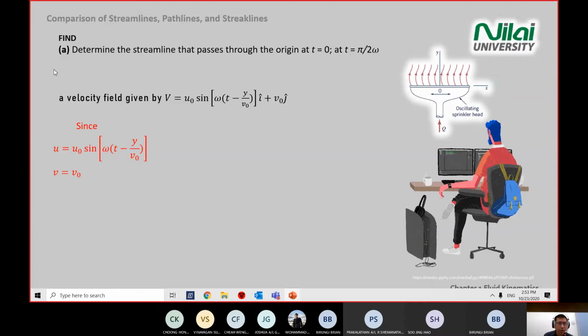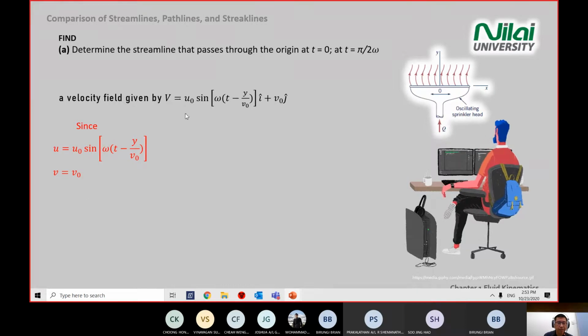Standard procedure that you should always follow when it comes to your exam or your test. So you look for the velocity field equation, then pull out the u and v, or even the z direction. If you see a plus something k hat, it means you have a z direction, so you need to add w, small w for the z direction, equal to whatever is given.